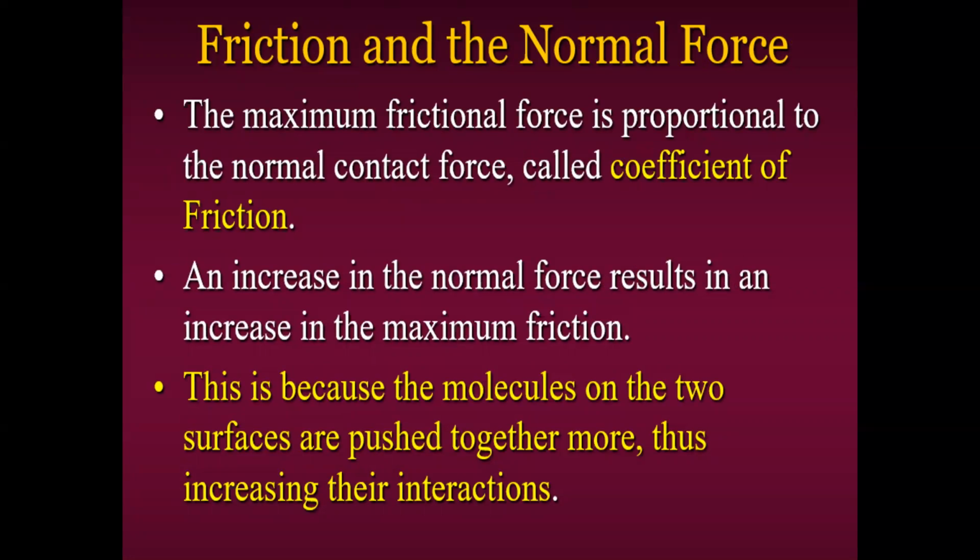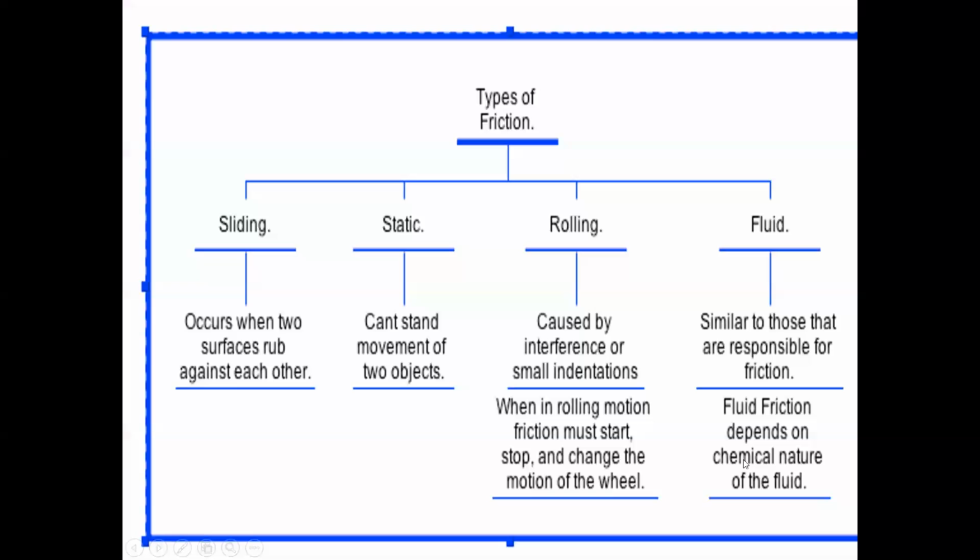Friction and normal force. The maximum friction force is proportional to the normal contact force, with the constant called the coefficient of friction. An increase in the normal force results in an increase in the maximum friction. This is because the molecules on the two surfaces are pushed together more, thus increasing the interaction.